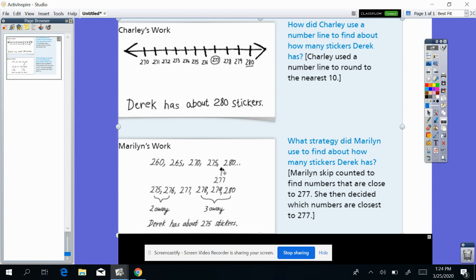And what she seemed to do is she realized that Derek has about 275 stickers, is how she estimated, because 277 is closer to 275 than 280. Okay, so those were two different strategies that two different students used to solve their problem.